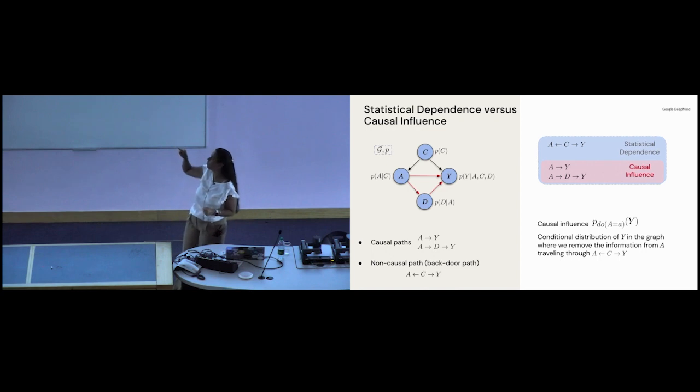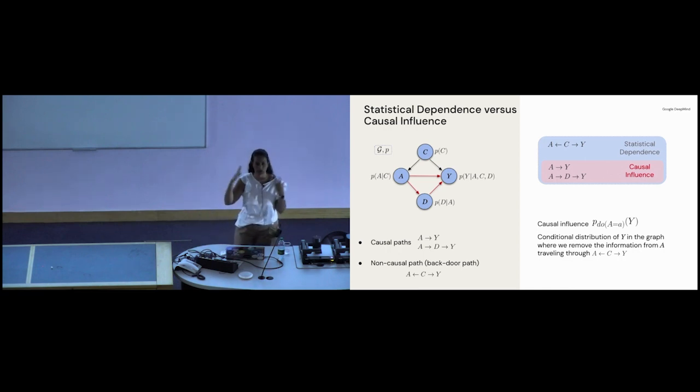You see that A goes into Y directly and through D, and these two are causal paths, they are directed paths. At the same time, we also see that there's a non-causal path, also called a backdoor path, as was explained before. So the non-directed path is the path that goes from A to Y through C. When you measure statistical dependency, what you do is you measure the information flowing along all of these paths in the graph.